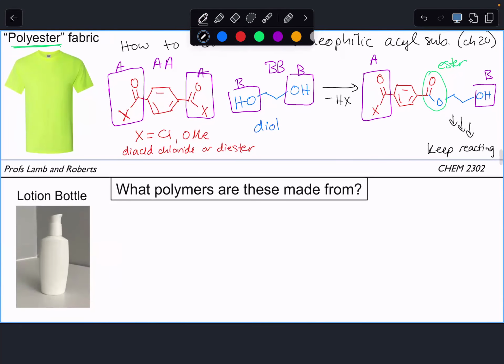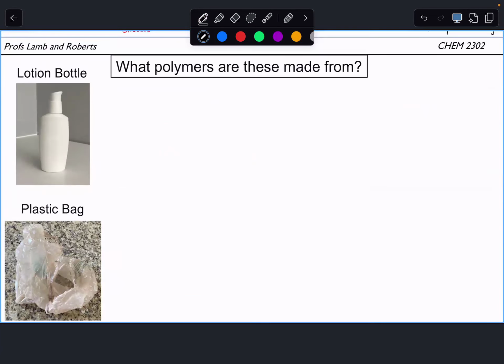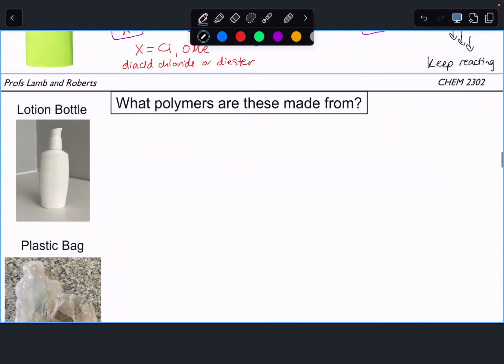So plastic that you can squeeze, like lotion bottles that have some give to them, or things like plastic bags, often are made from the same material.